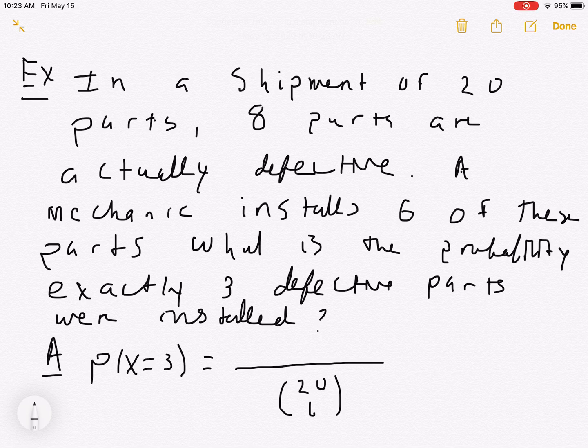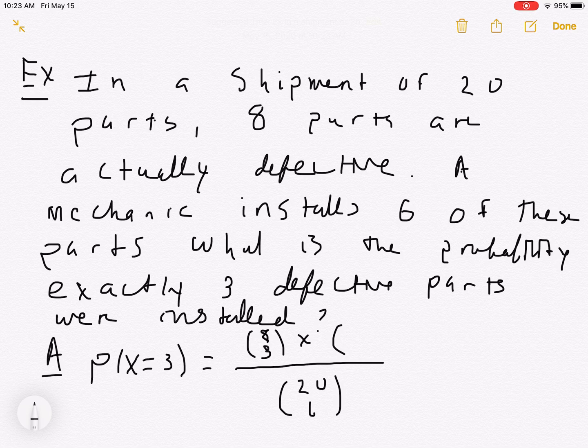But it's asking, of the 6 parts that are installed, what are the odds that 3 of them are defective? Well, I need to pull 3 defective parts from the population of 8 defective. So that'll be 8 choose 3, times, well, I need to install 6 parts. I've already used 3 of them, so 3 remain.